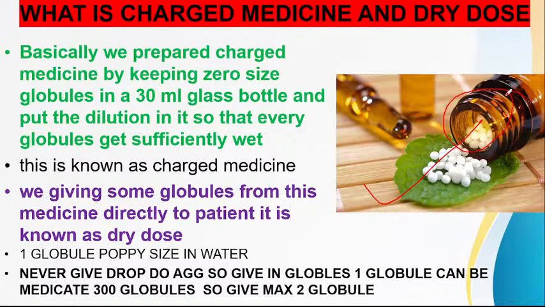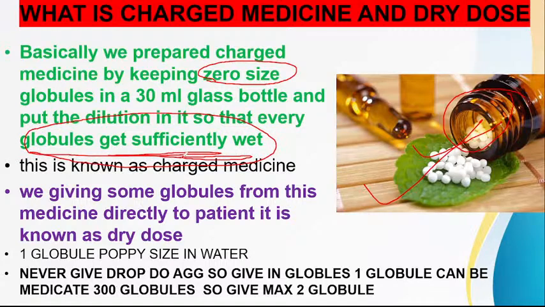For clinic purposes, we prepare the charged medicine in a 30 ml glass bottle, in which the complete bottle is filled with small sized globules. The size is your own choice, but mostly preferred is zero size, also known as number 10 globules. We keep number 10 globules in the 30 ml glass bottle and fill that bottle with the potentized liquid dilution, in such proportion that all the globules get sufficiently wet.